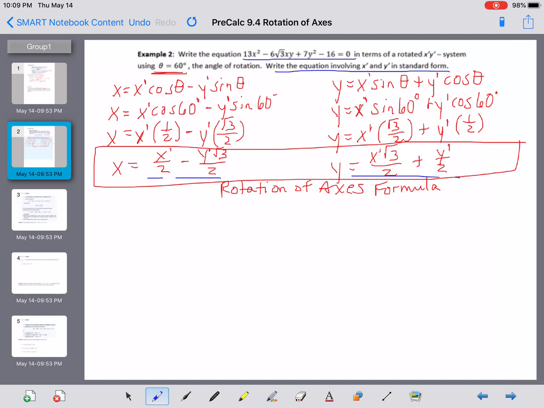First one, 13, and it's x squared, so that's going to give me x prime over 2 minus y prime radical 3 over 2, and the whole thing squared.